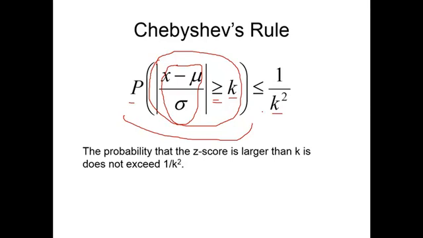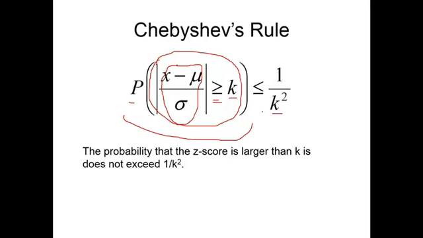Just remember, this is all about the fact that you can't get too many standard deviations away from the mean. There are limits to how many standard deviations away from the mean you can get. Only a small proportion of the data is allowed to get any bigger than that.